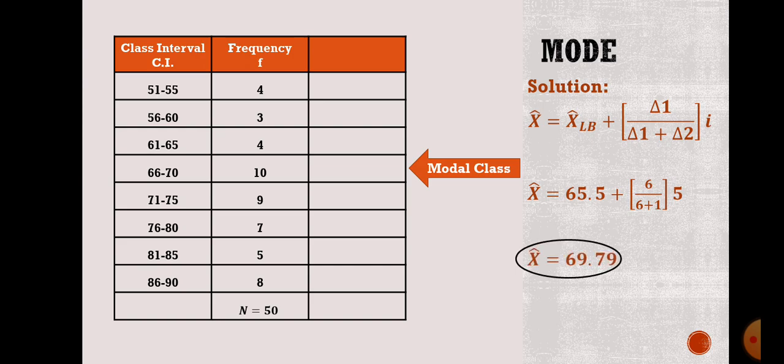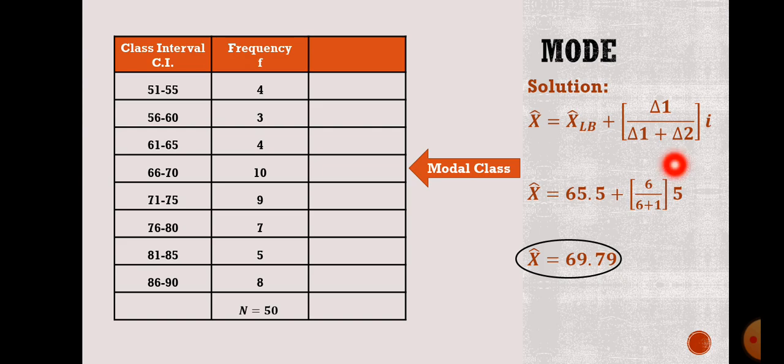Just like the same process in computing the mean, start dun sa bracket. So 6 divided by 7, since I already added 6 and 1. Press equals, multiply it by 5, press equals, and then add 65.5, and then press equals, and then we will be having 69.79 as the value of our mode.